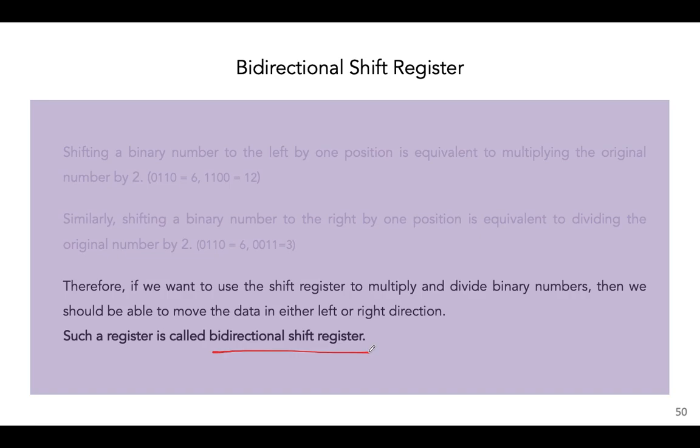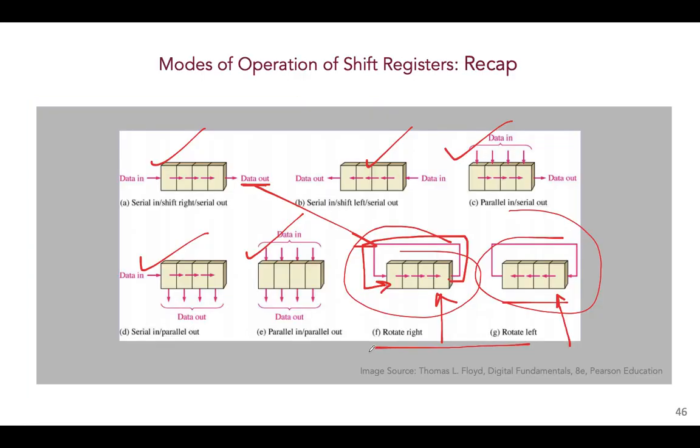So usually the registers that we have discussed so far, SISO, SIPO, PISO, PIPO, are designed to shift data in only one direction, right? Okay, let's take a quick look back. So either we design this or we design this, right? So a register that shifts data to the right cannot shift data to the left. You have to design this in a separate manner, right?